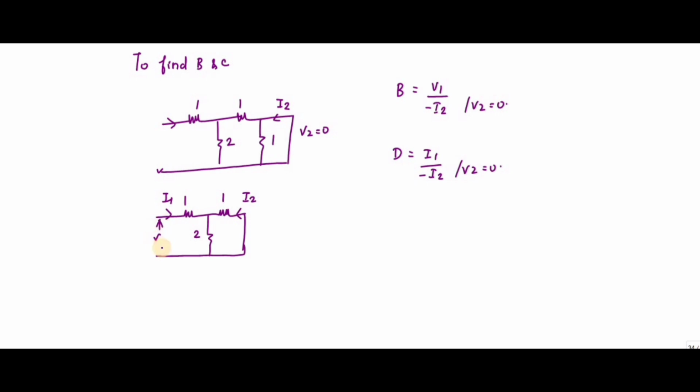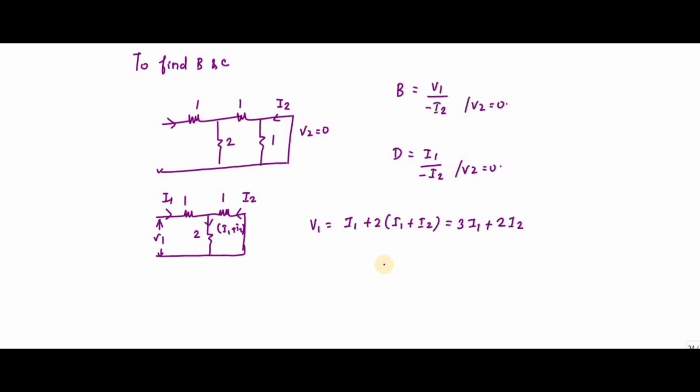The current flowing through the 2 ohm resistance is I1 plus I2. So what is V1? V1 is equal to I1 into 1 plus 2 into I1 plus I2, that is nothing but 3I1 plus 2I2.